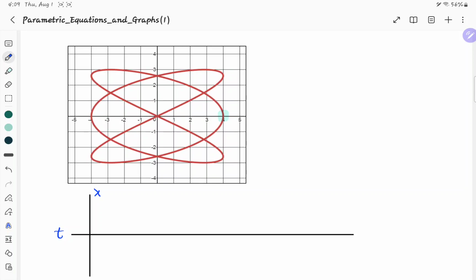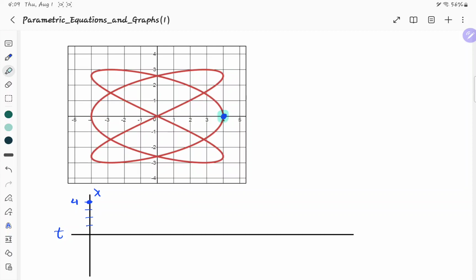I'm going to put in my highlighter here, and let me mark this so we remember: this is our starting point right here. We're starting at x equals 4, so I'll mark that up here: 2, 3, 4. That is our high point.